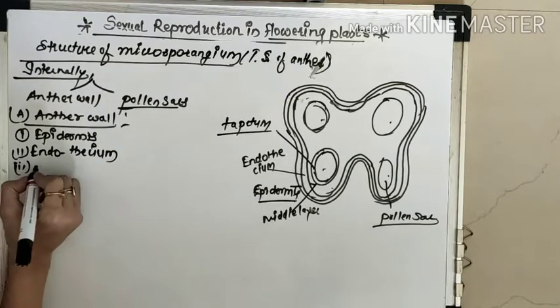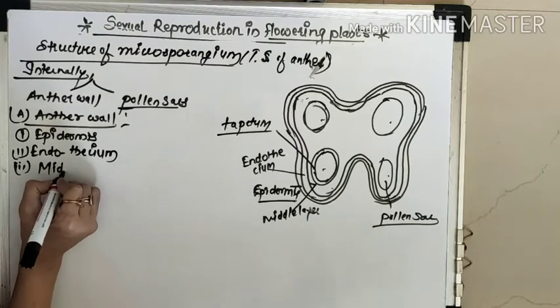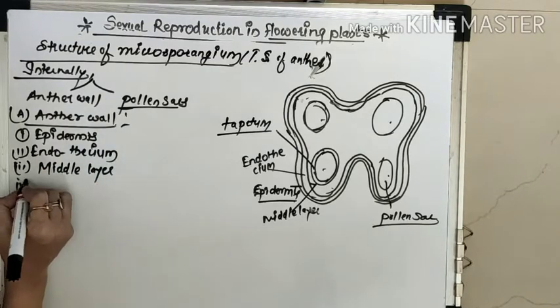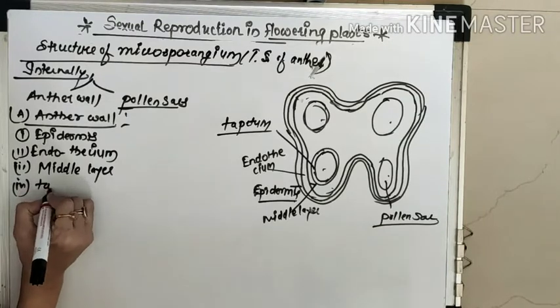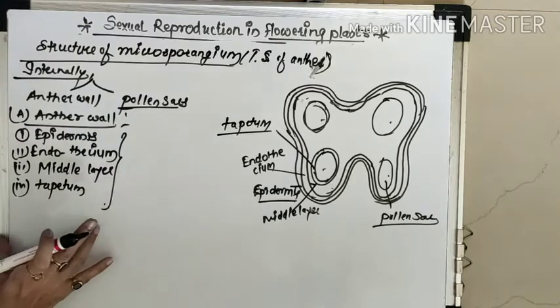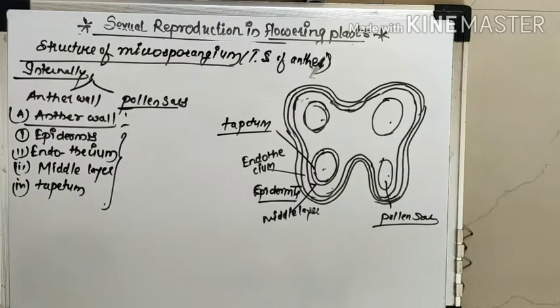Third is called the middle layer, and fourth and last is known as the septum. So these are the four layers present in the anther wall. We will see them one by one. First we will see the epidermis.